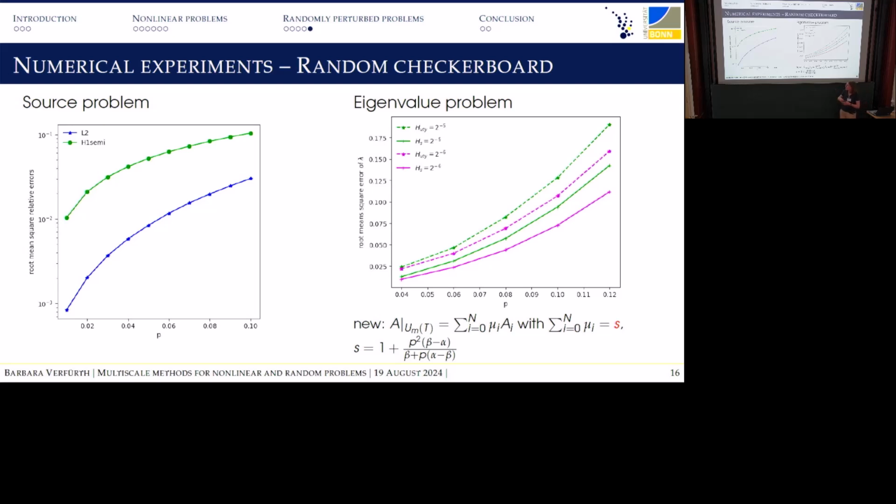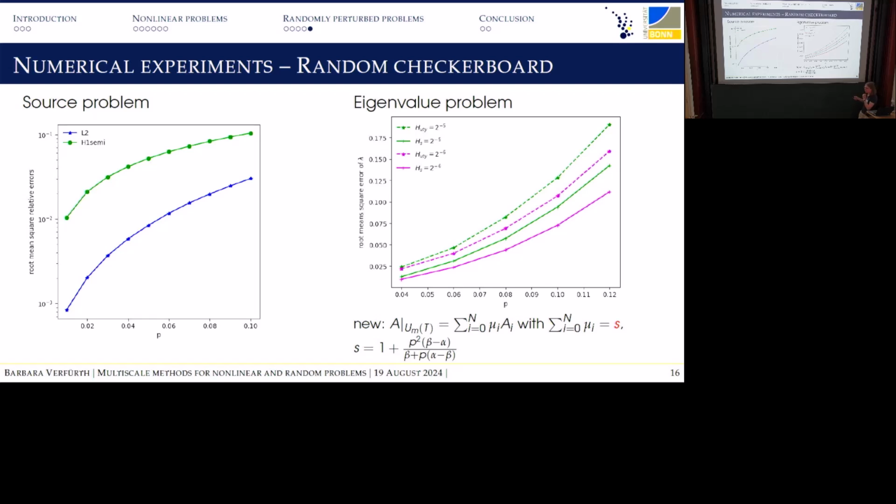And of course you can do some sort of upscaling to also get good H1 approximations. There, the errors are typically larger, but still reasonable. And for the eigenvalue problem, we have something similar. Again, an increase with p; there we looked at the error in the eigenvalues.